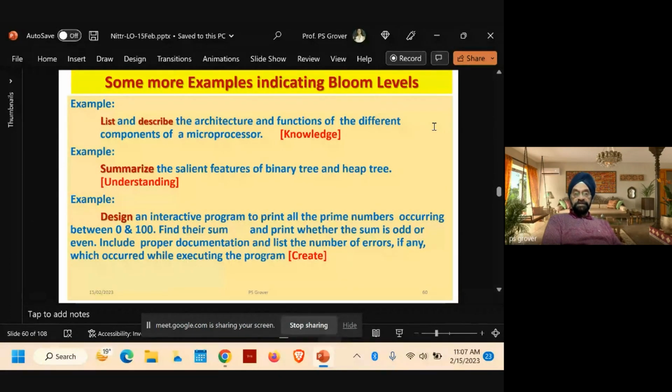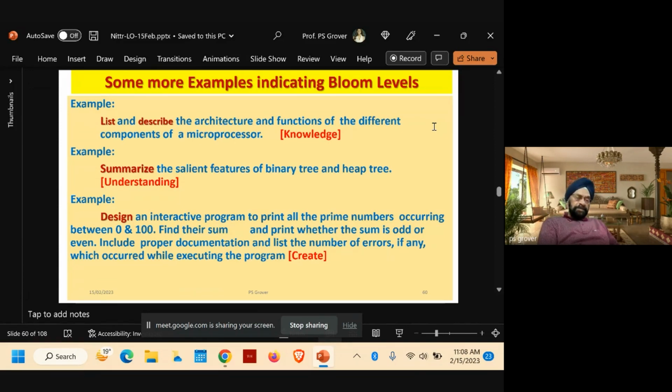Now this is at the knowledge level. Example, summarize the salient features of binary tree and heap tree. It's at understanding. You can summarize the features only if you understand what the various features are, otherwise you cannot do it. Similarly, design an interactive program, which I had mentioned earlier also, this is creative.